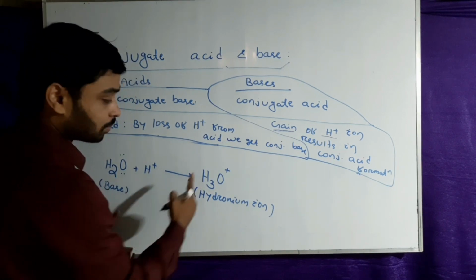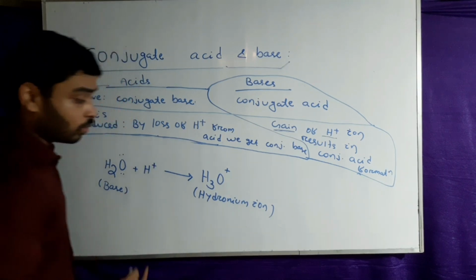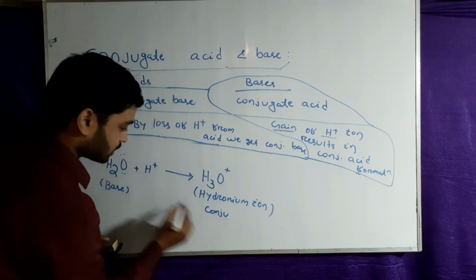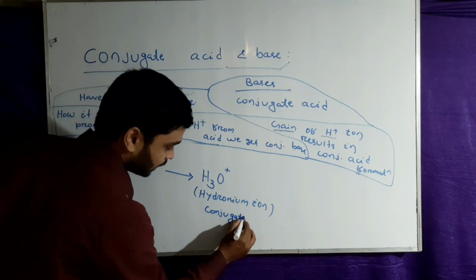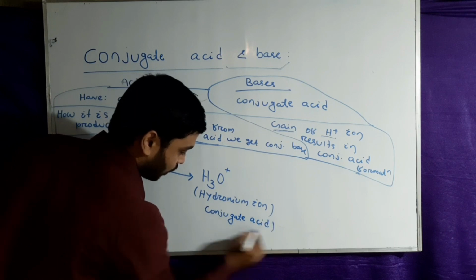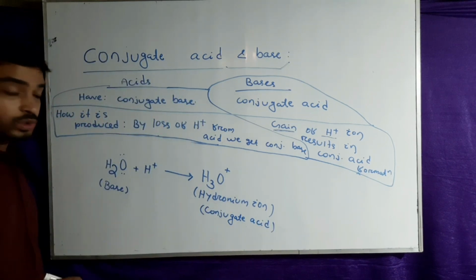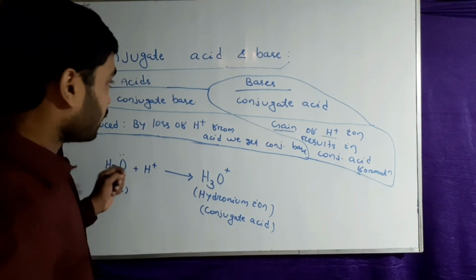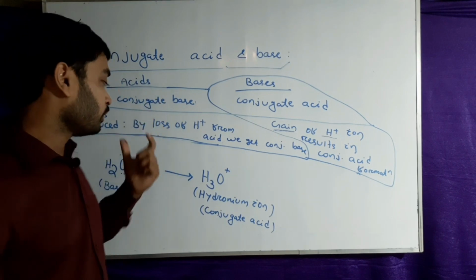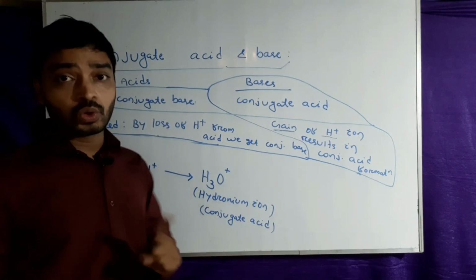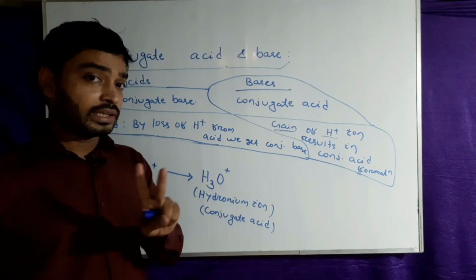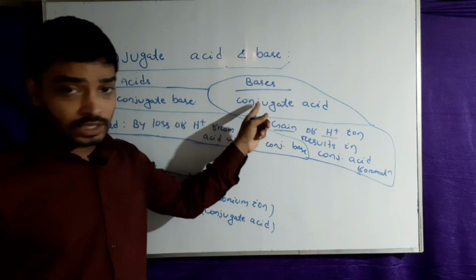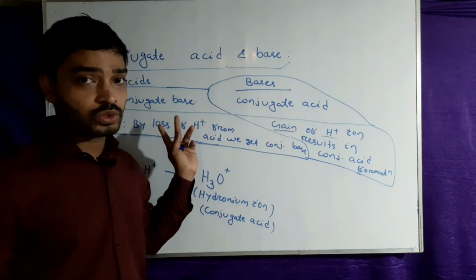After receiving the H plus ion, the resulting compound will be called the conjugate acid of the base, and the base here is water. In this way you can conclude about the type of conjugate acid or base. Remember two things: all the acids have their conjugate base and the bases have their conjugate acid. Don't be confused with these two concepts.